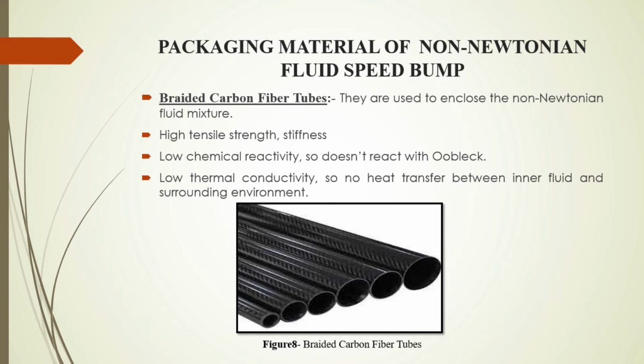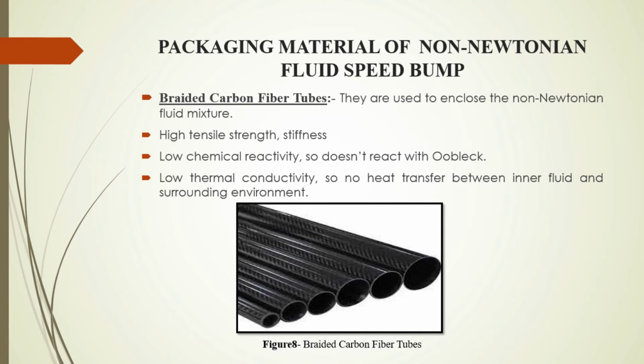Packing material of the non-Newtonian fluid speed bump. There are majorly four types of packing material used in the non-Newtonian fluid speed breaker. First is braided carbon fiber tubes. This helps to enclose the non-Newtonian fluid mixture, that is oobleck. Its properties are high tensile strength, stiffness, and low conductivity, so it doesn't react with oobleck.